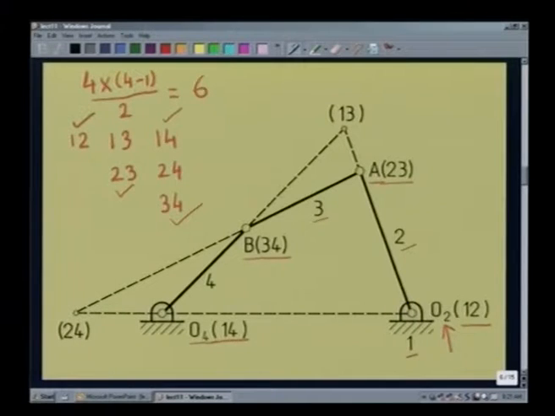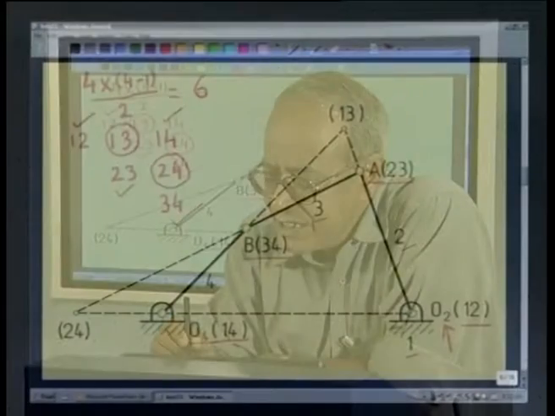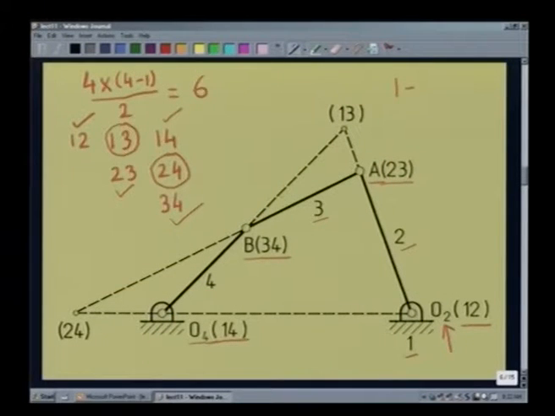We have still to determine 2 more instantaneous centers, namely 1 3 and 2 4. To determine these 2, we invoke the Aronhold-Kennedy theorem of 3 centers. For example, if 3 rigid bodies, namely 1, 2 and 3 are in relative motion with respect to one another, consequently, the 3 relative instantaneous centers, that is 1 2, 2 3 and 1 3 will be collinear.